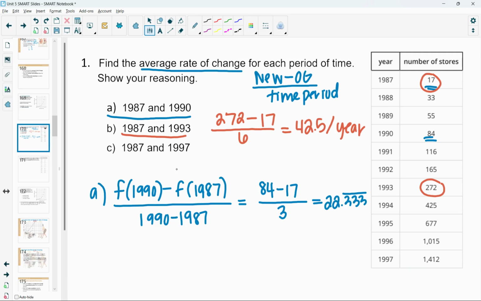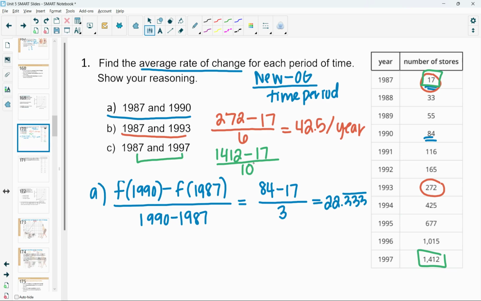And then this third time period, now we're looking at 1997, which is 1,412. There were 1,412 stores, and in 1987, 17. From 87 to 97 is a 10-year period.